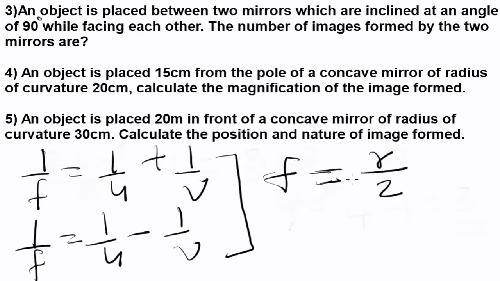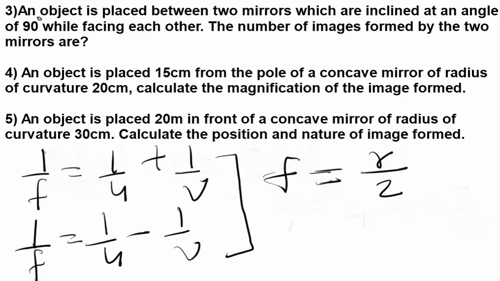Alright, now if you want to get radius of curvature when it's not given and you have focal length, all you have to do is to times focal length by 2 and get radius of curvature. But when you are looking for focal length and you have radius of curvature, divide the radius of curvature by 2 and you get the focal length. It's as simple as that, guys. So having known these parameters and this formula, let's go ahead and solve question 4 and 5, and after you can call it a class.